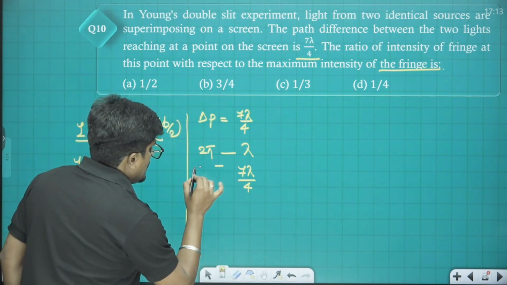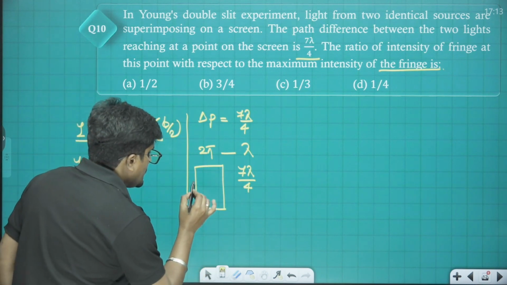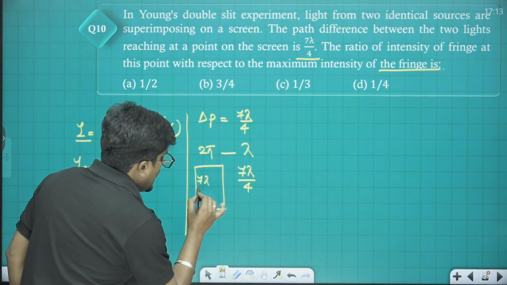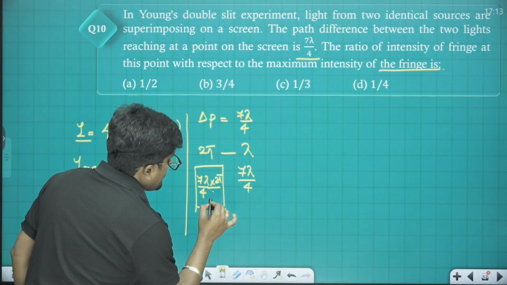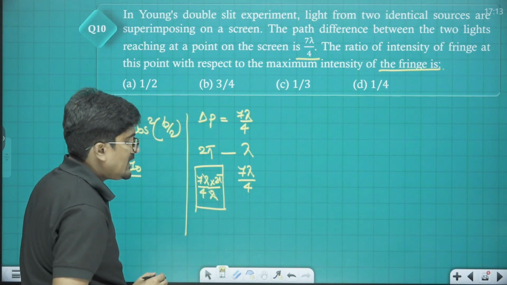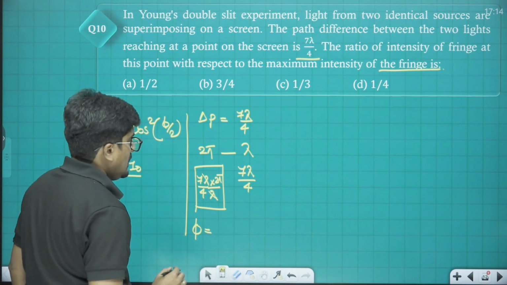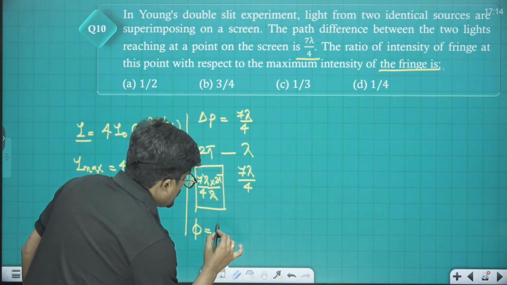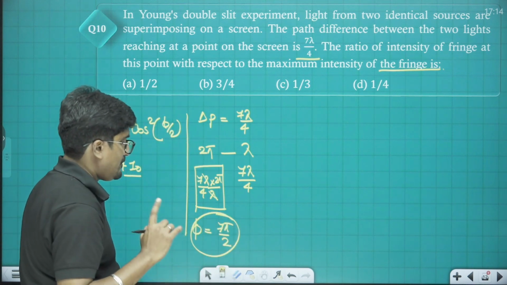So the phase difference needs to be 7 lambda by 4 into 2 pi all divided by lambda. Lambda and lambda will cancel each other. So here the phase difference phi is going to be 7 pi by 2. I repeat, 7 pi by 2.